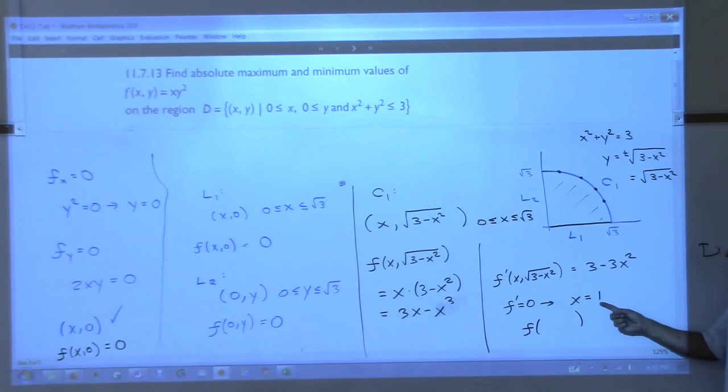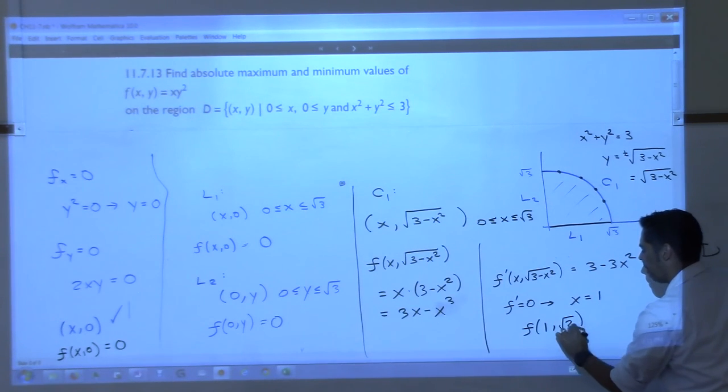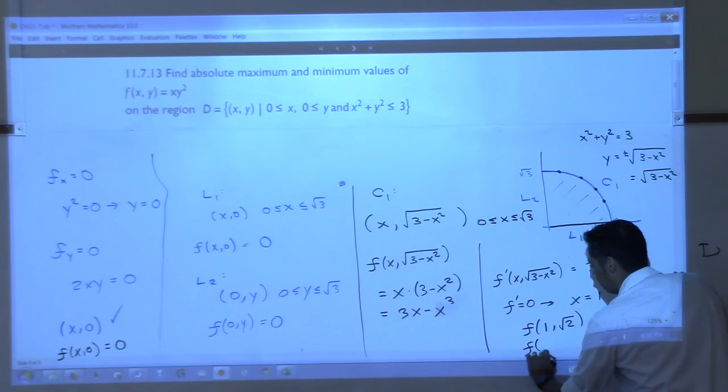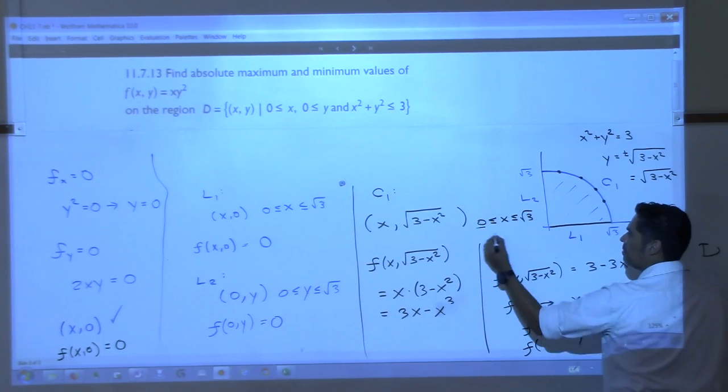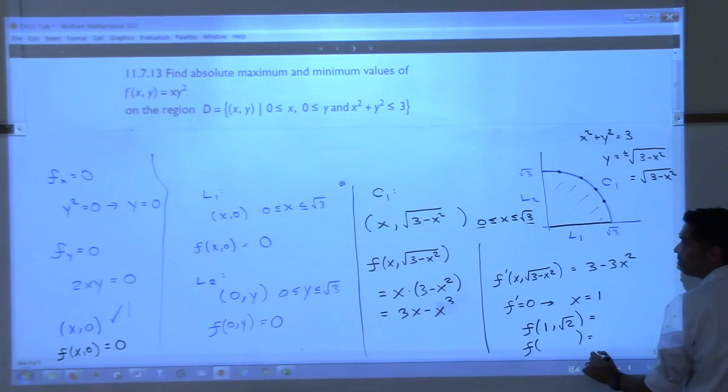Let's do it right here first. If x is 1, what's the y coordinate? If x is 1, the y coordinate is going to be root 2, right? Then we have to do the function evaluated at 0 and root 3. So what happens if we get 0 in there? Sorry, we'll just do it this way.